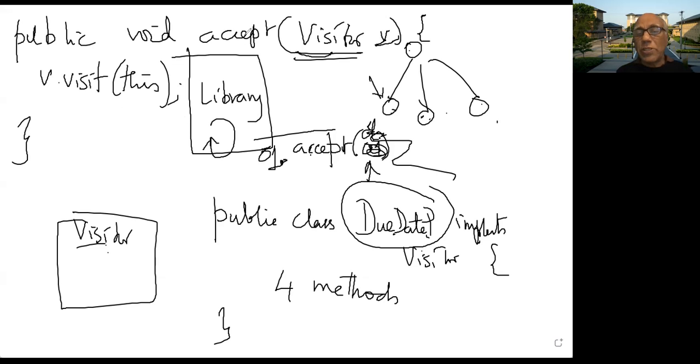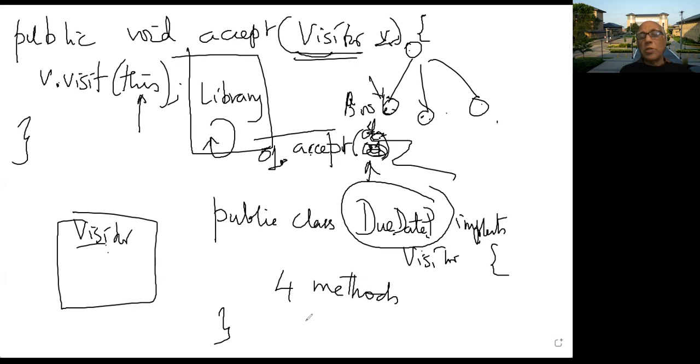So whenever the accept method of one of these classes is called, it will take this visitor object and call the corresponding visit method of that visitor object on this. So if this is a book, for example, then it will be passing a book object.